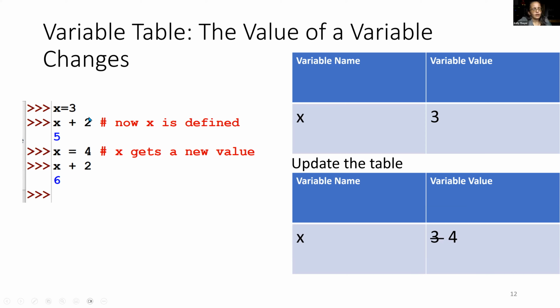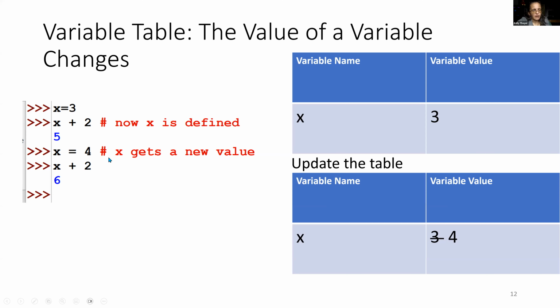So here we have x equals 3 and x plus 2, which now defines x. So we'll get a 5. So when we do a variable assignment, that's what causes the variable to appear in the variable table. So here it is x, and it has the value of 3 from this line right here.